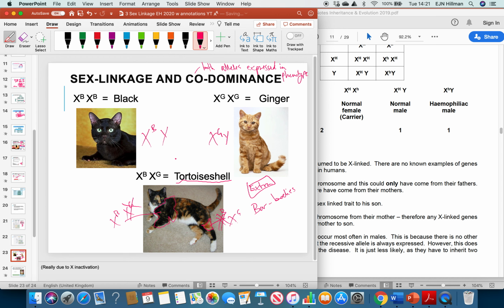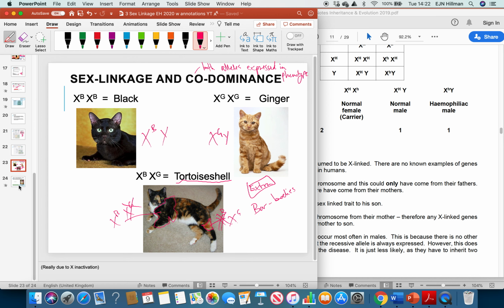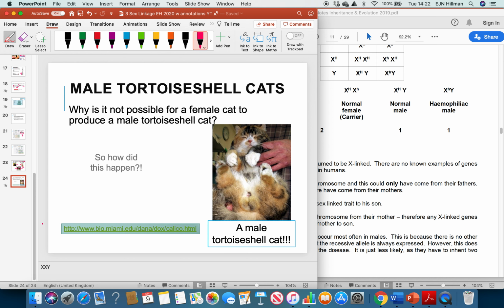So no, it would not be possible for a male to be tortoiseshell because their X chromosome is either the B allele or the G allele, but not both. But in biology, there is always an exception to the rule. Here is a male tortoiseshell cat.